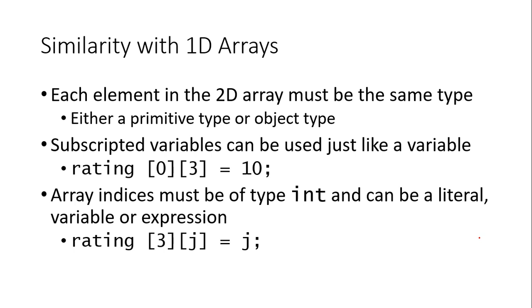That would assign the number 10 into row 0, column 3. Also, your indices can be variables, so I could make j a counter. So rating[3][j] = j means in row 3, column j, whatever the value of j is at this time would be assigned the value of j.